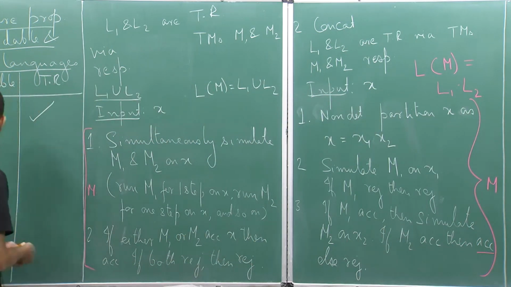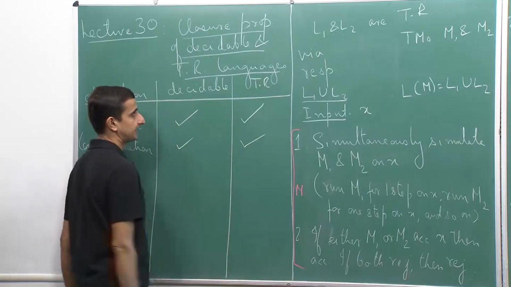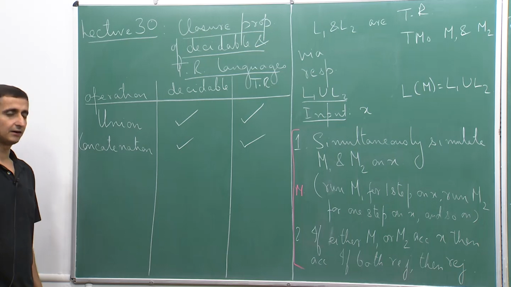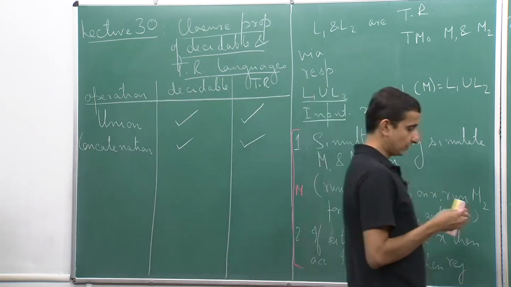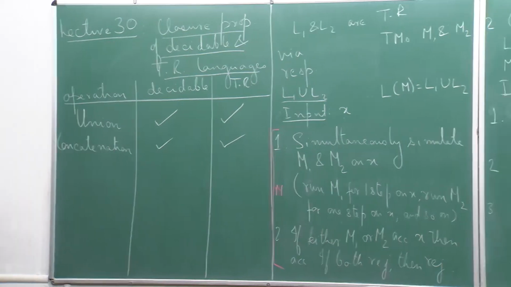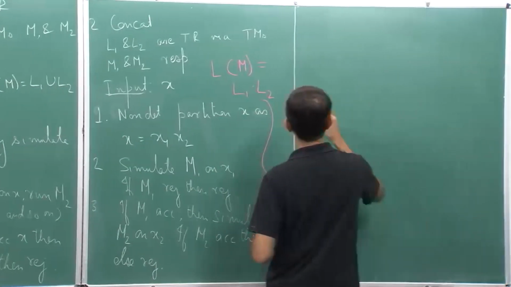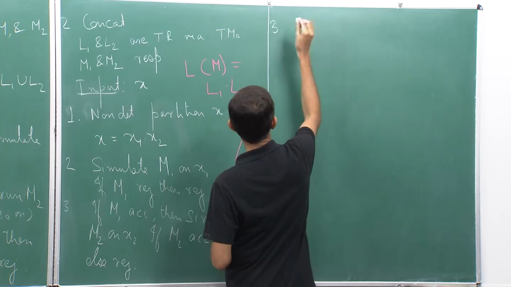So, this shows that if I look at the concatenation operation, decidable and Turing recognizable languages are closed under it. Now, let us move on to the third operation, that is star.